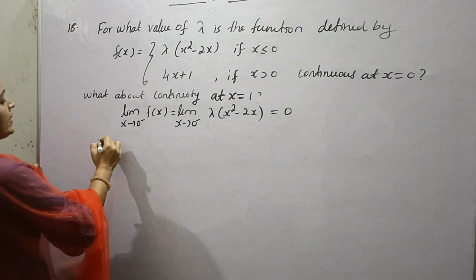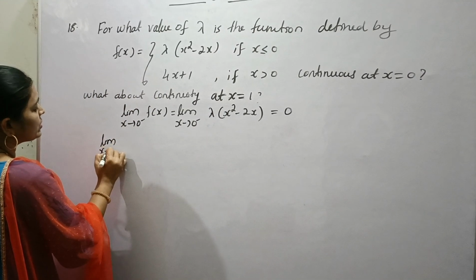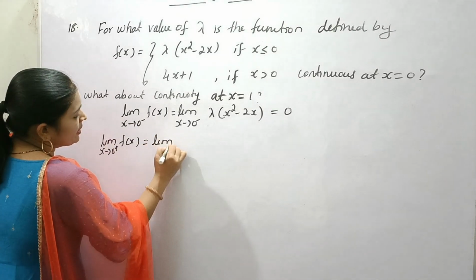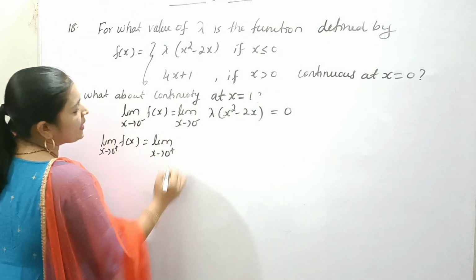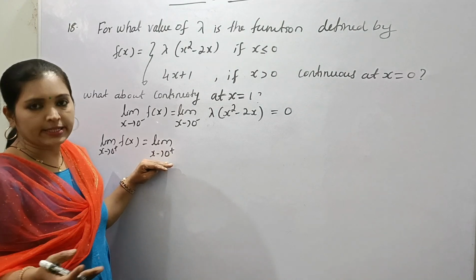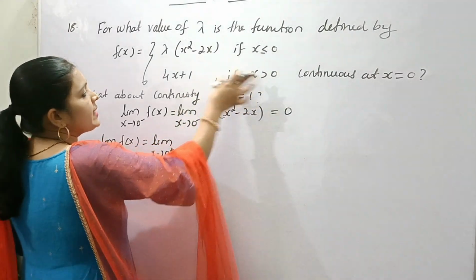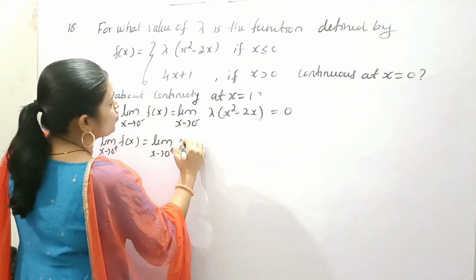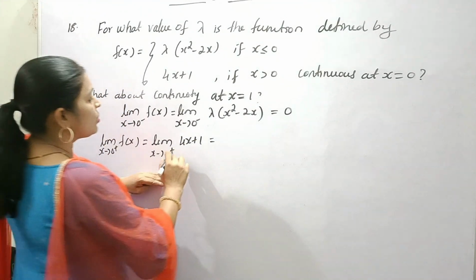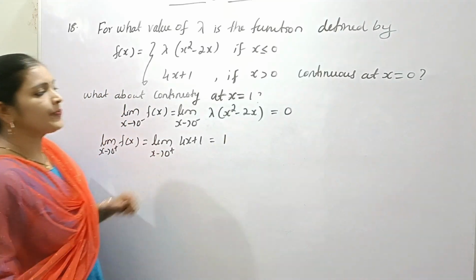Next, limit x tends to 0 plus f of x is equal to limit x tends to 0 plus. When x tends to 0 plus, x is greater than 0, and the function is 4x plus 1. Here also substitute x equal to 0: 1, right?